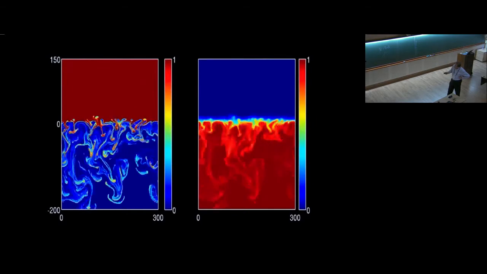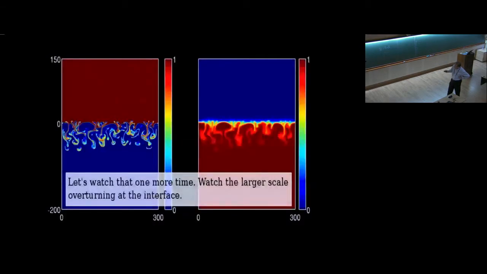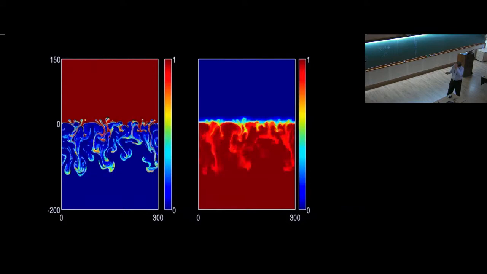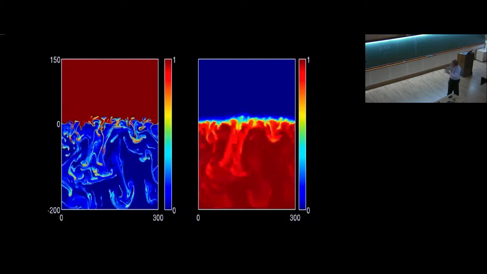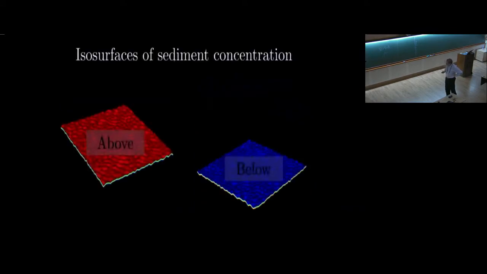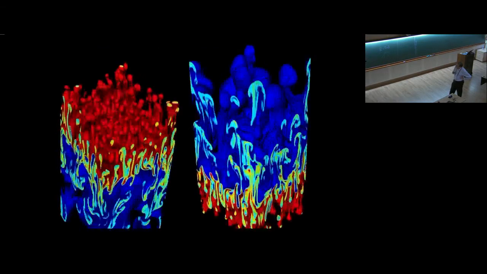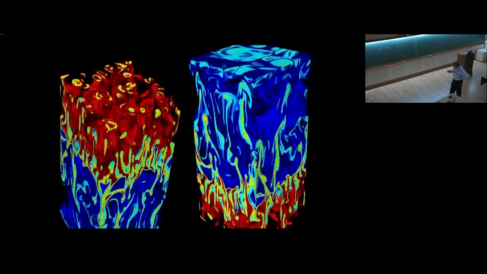And so now we see a very different behavior from what we saw before. We see plumes propagating only downwards, not upwards, for this larger sediment. And we do indeed see these concentrated structures here at the interface rather than these space-filling fingers that we had seen before. This is when we look at this interface from above and from below. We see again these plumes.